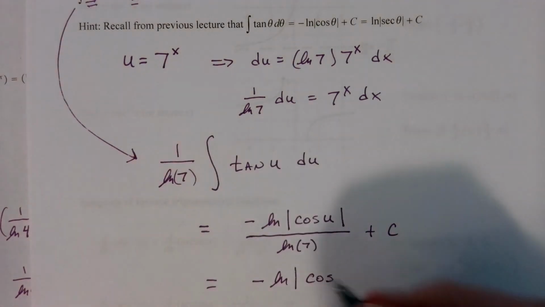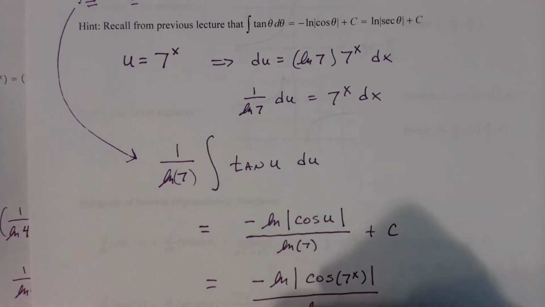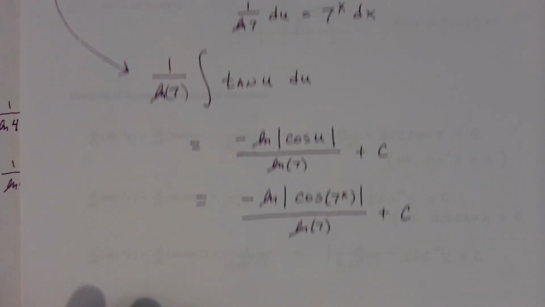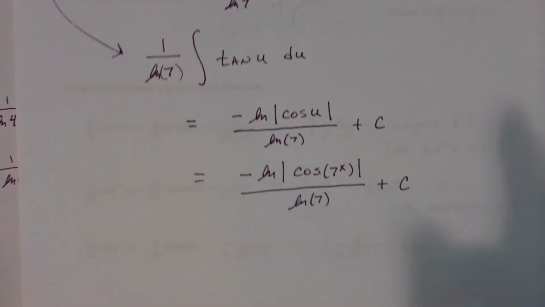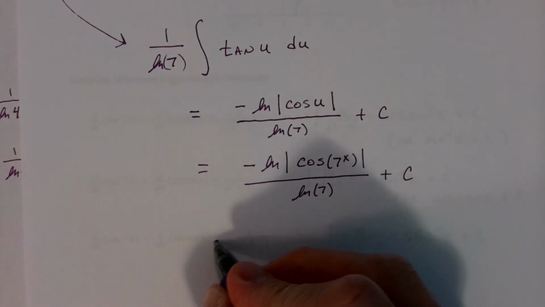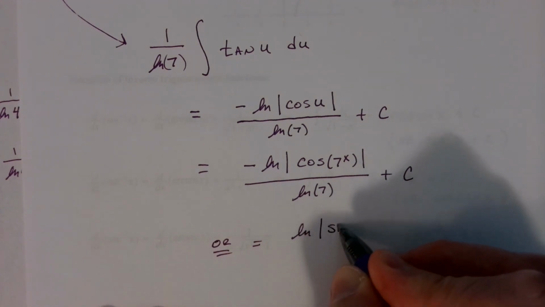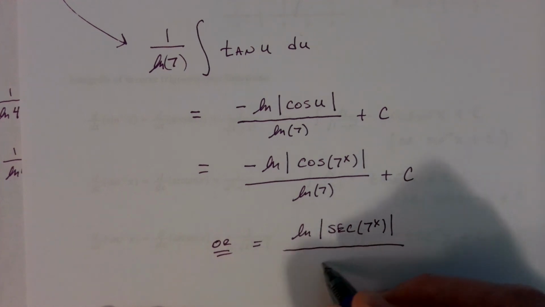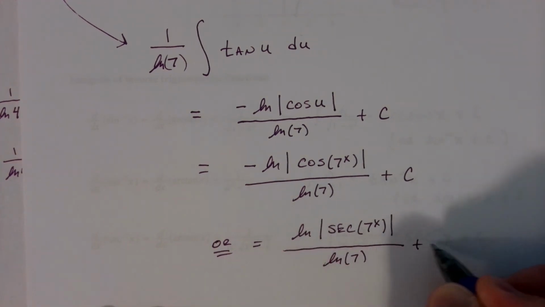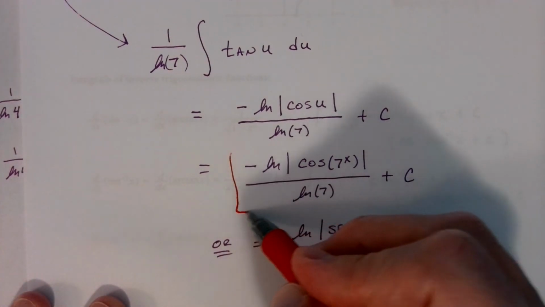U was 7 to the x. Okay. Again, you can also write this as the natural log of secant, and in that case your answer would be natural log absolute value of secant 7 to the x over the natural log of 7 plus c. So we can have either one of these answers.